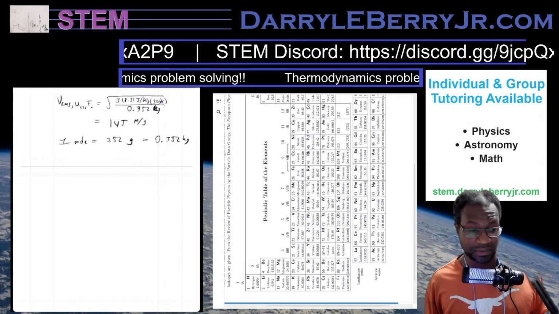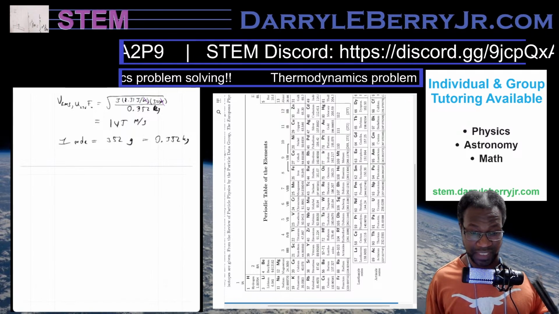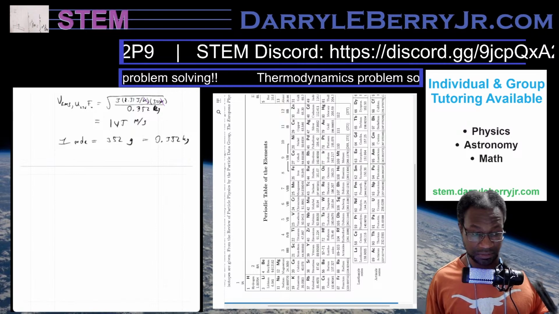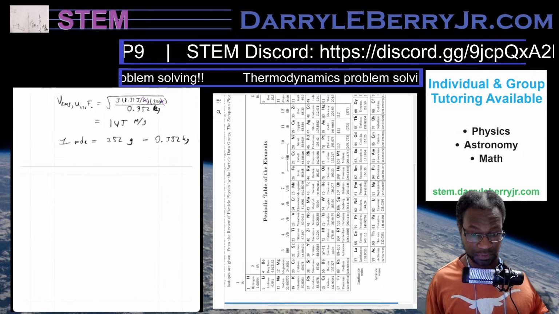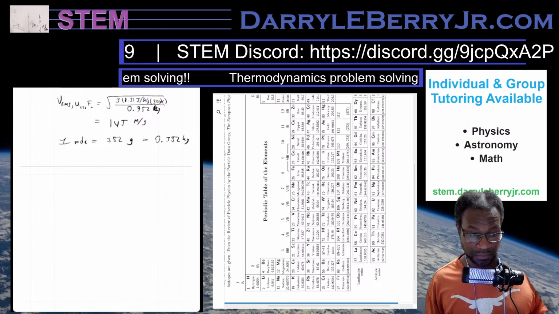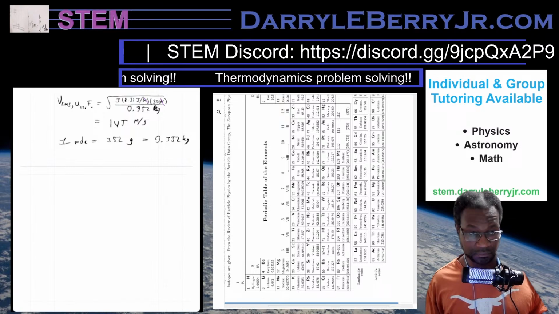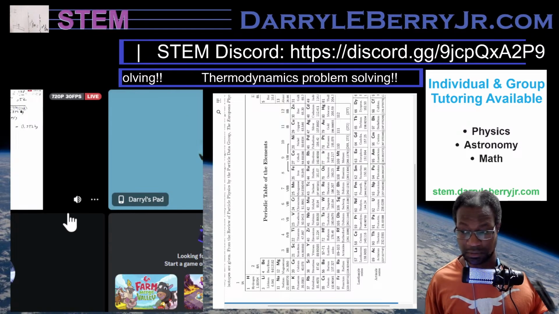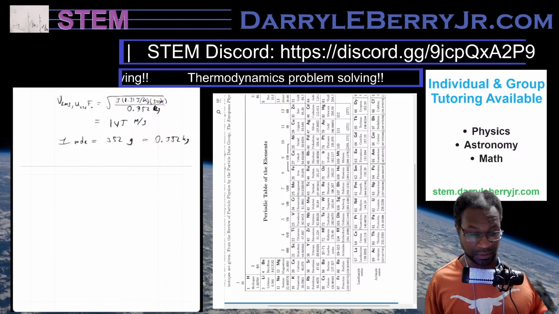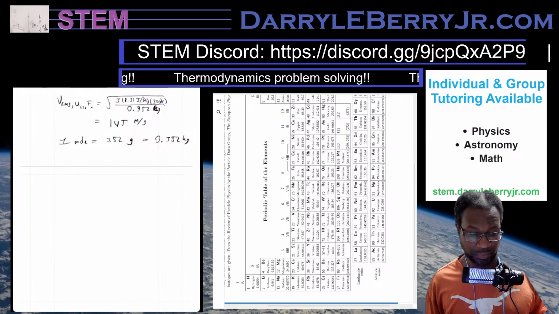And instead of the molecule containing uranium-238, the molecular weight is only, it looks like, read the book again.